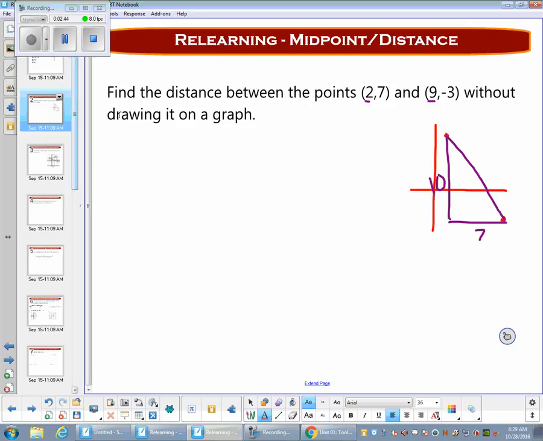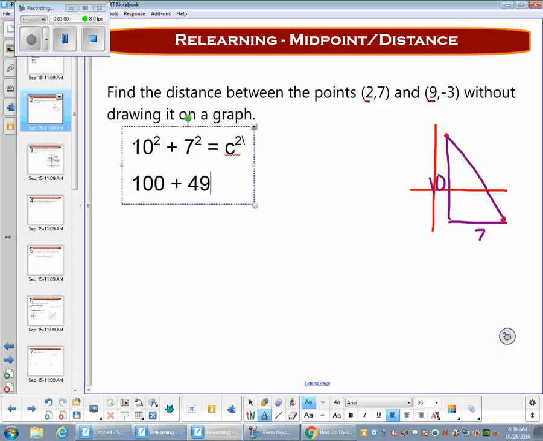So now to find the diagonal distance, we have 10 squared plus 7 squared equals c squared. And so we have 100 plus 49.